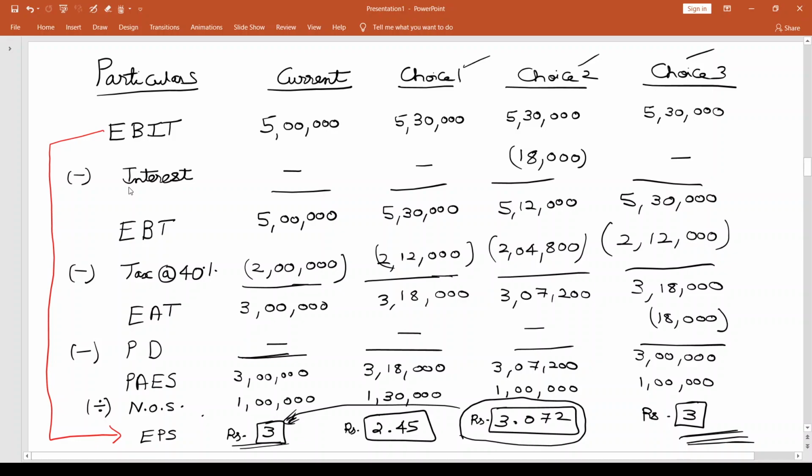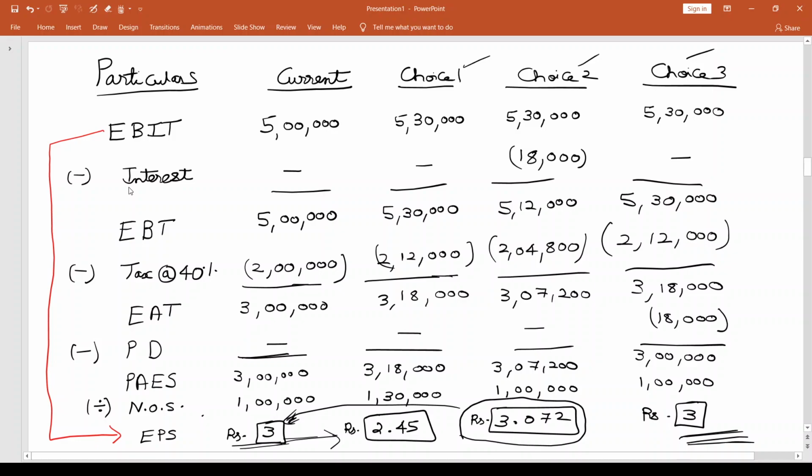But I should never probably go in for choice 1 for the simple reason that if I pursue choice 1, the EPS decreases. The shareholders are getting right now rupees 3 for every 1 share as earnings. They're going to be getting only 2 rupees and 45 paise if it's going to be choice 1. So shareholders themselves would not like this company going in for this investment and raising finance all in the form of equity.